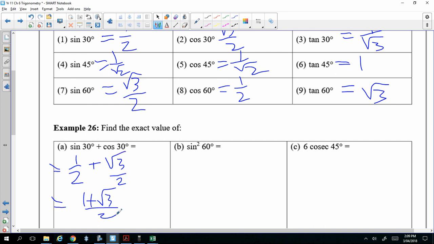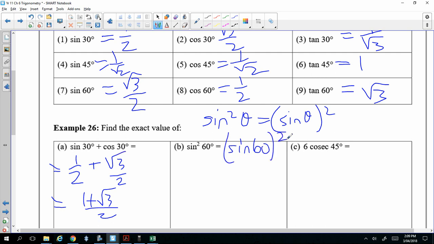The next one I didn't explain, forgot. Whenever you square something, you have to write it like this, sine theta all squared. They just omit the bracket, so it's like an abbreviation. So when you do that, you have to write sine 60 all squared. Note that if you attempt to do that on a calculator, it will give you an error. If you put square there, it doesn't let you.